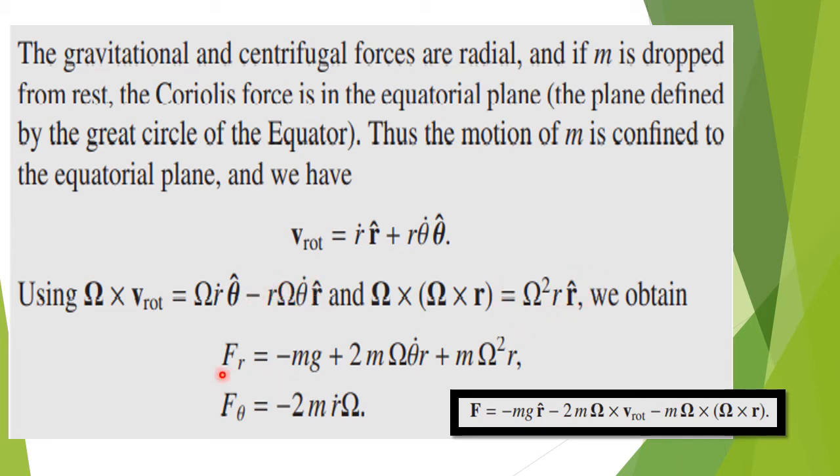So our equation: Fr, the radial component of the force, is equal to minus mg plus 2m omega theta dot r plus m omega square r. And the tangential component, F theta, is equal to minus 2m r dot omega. Okay, so we got these two equations.